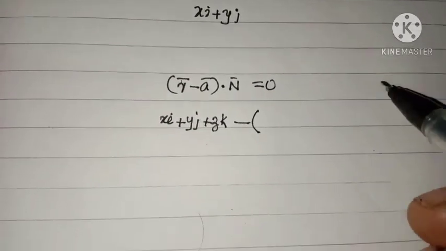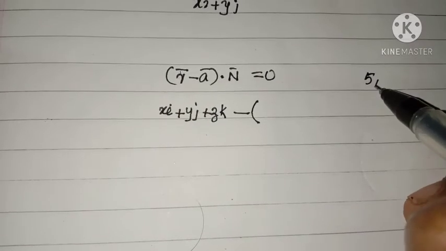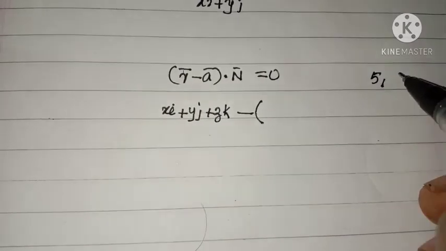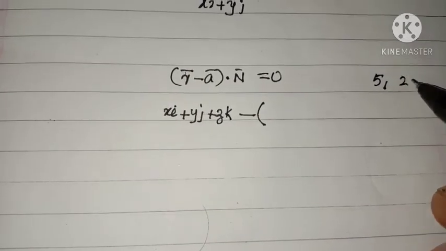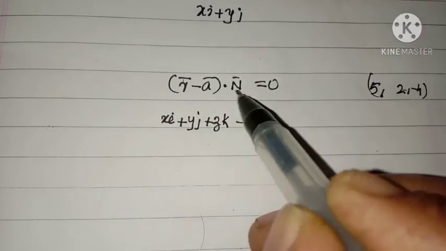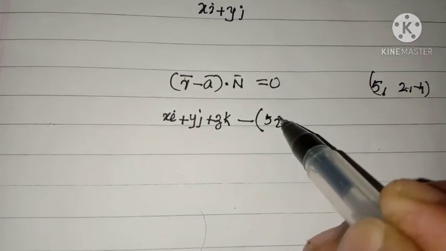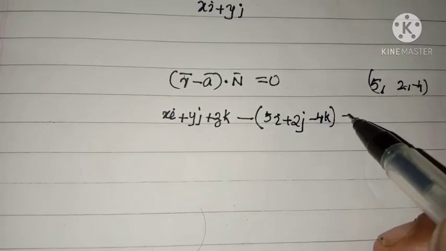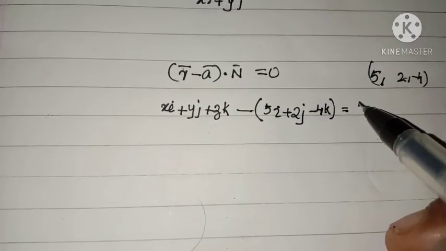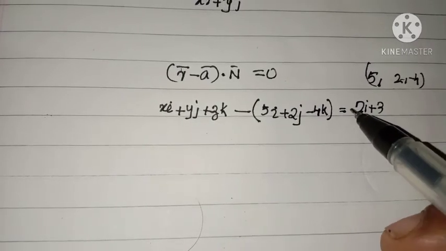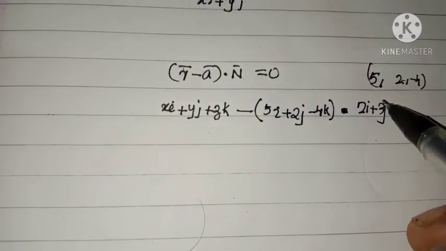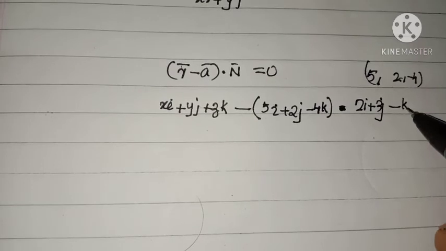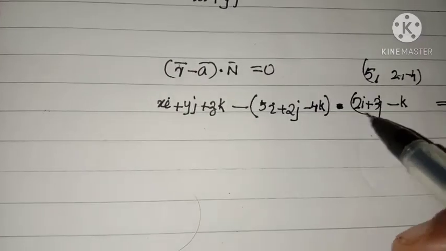A is the given point, 5, then 2, minus 4. So from here we can write a, that is 5i plus 2j minus 4k, and n we defined already, 2i plus 3j minus k, is equal to 0.